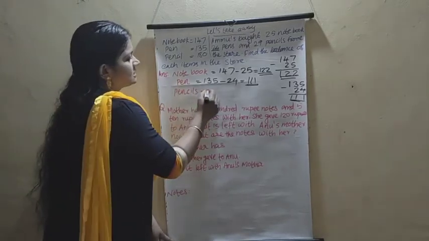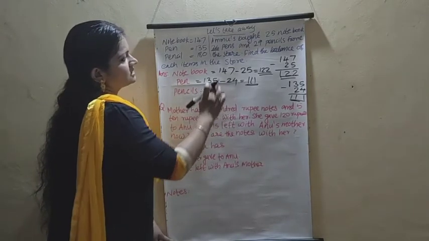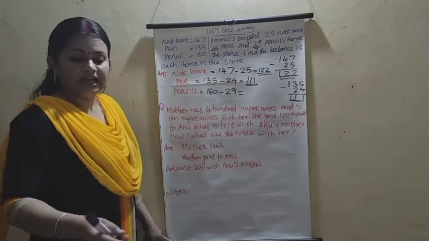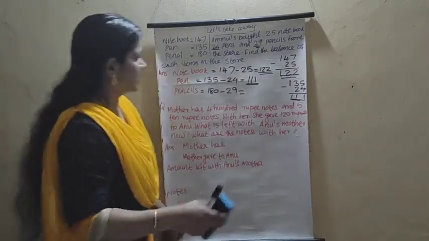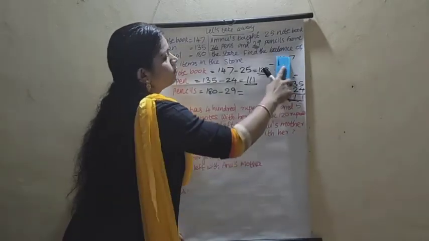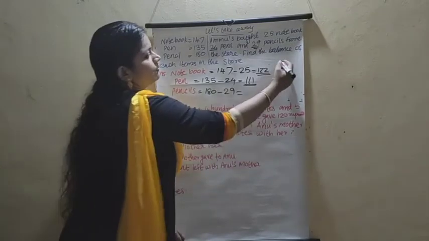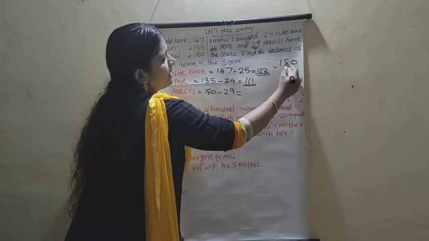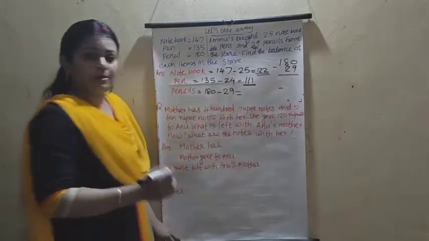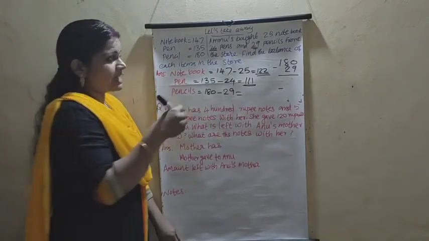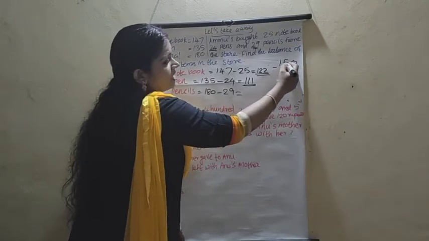Then pencils 180 minus. How many pencils were bought? 29. 180 minus 29. Take your rough book and do it. 180 minus 29. 0 minus 9 is possible? No. We borrow one from which nearest number? 8.